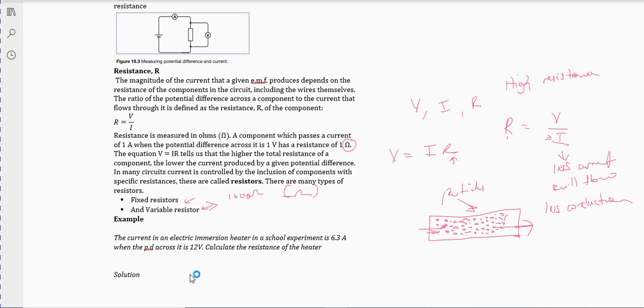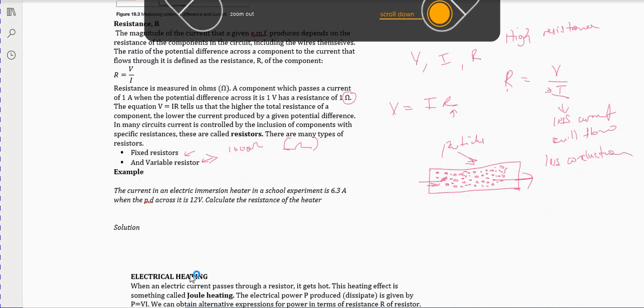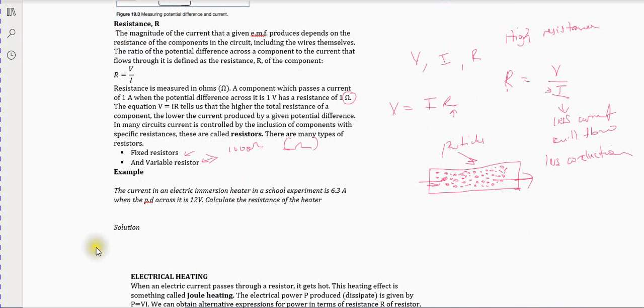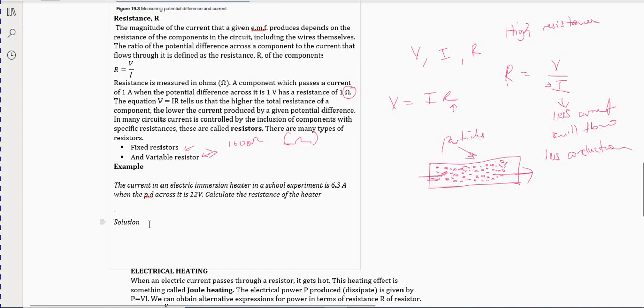But in the interest of time, let's look at a simple example that requires us to calculate resistance.